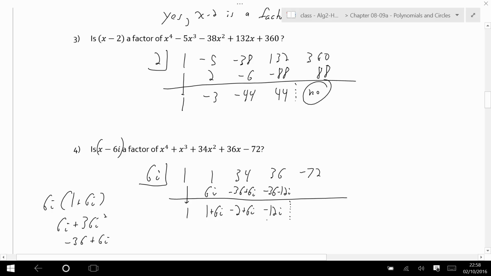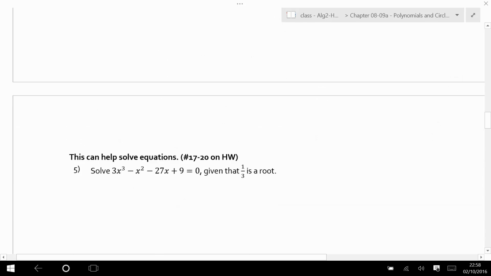And then when I multiply 6i times negative 12i, I get negative 72i squared. This is positive 72 and 0. Yes. 6i is a root. X minus 6i is a factor. Having fun yet? I am.